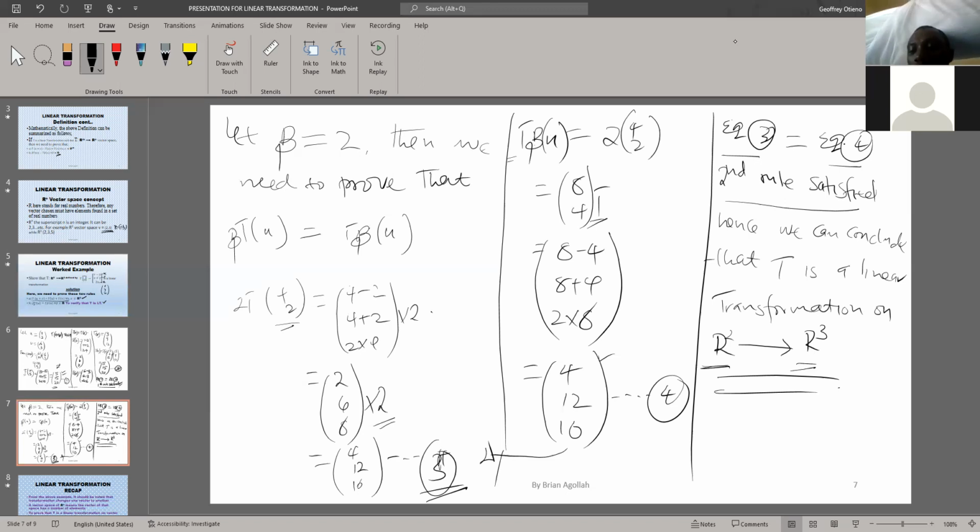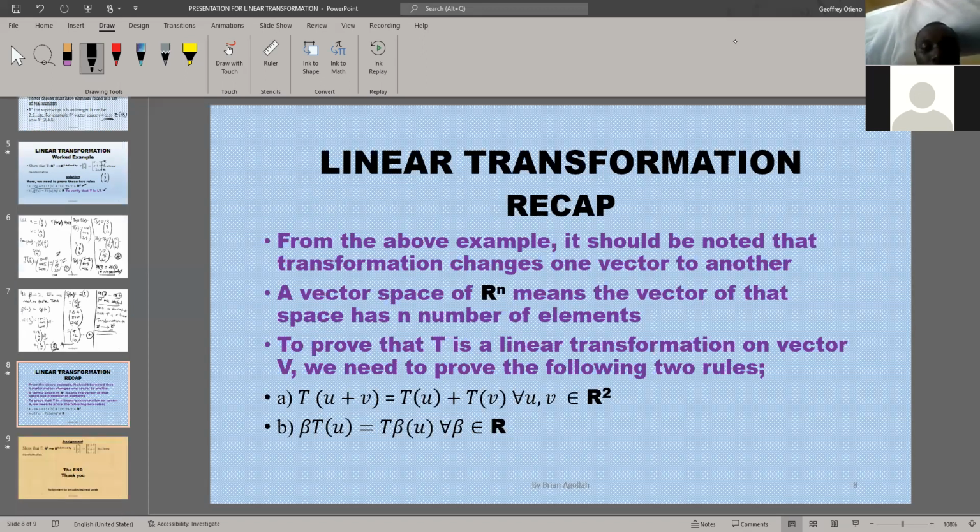So that is how we can prove that a given transformation is a linear transformation. To sum up, from the above example, it should be noted that a transformation changes a vector from one space to another. Another thing to note is that a vector space Rn means the vectors of that space have n elements.